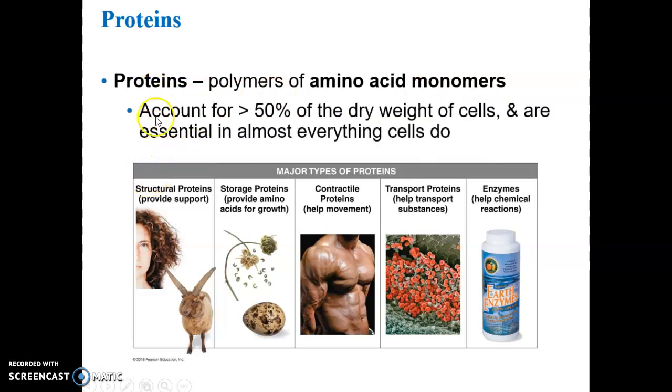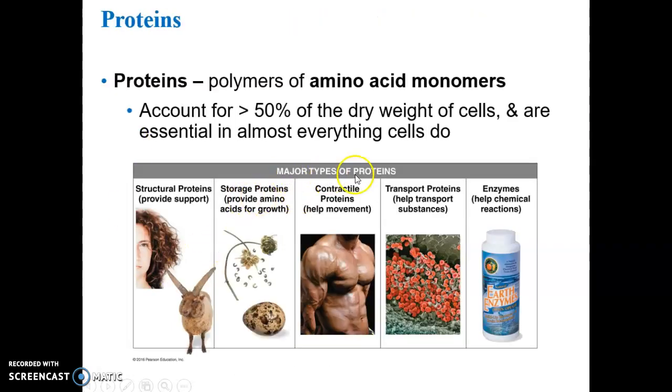So proteins are very important. They account for over 50% of the dry weight of cells, and they function in almost everything cells do. So much so that when we talk later on about the expression of genetic material or genes, we almost always refer to the gene product as being a protein of some sort.